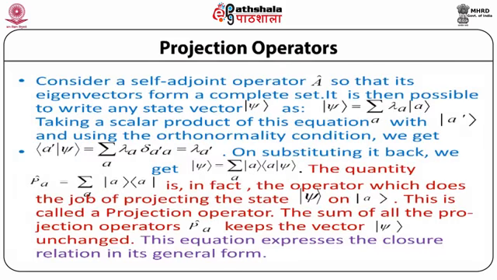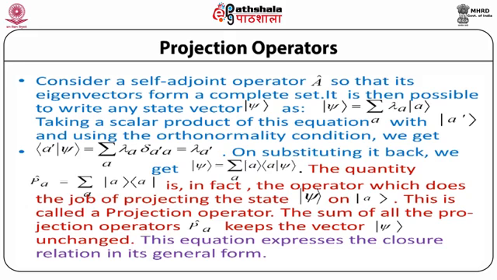Projection operators. Now let us consider a self-adjoint operator A so that its eigenvectors form a complete set. It is then possible to write any state vector |ψ⟩ as |ψ⟩ = Σ_A λ_A |A⟩, where λ_A is a scalar.